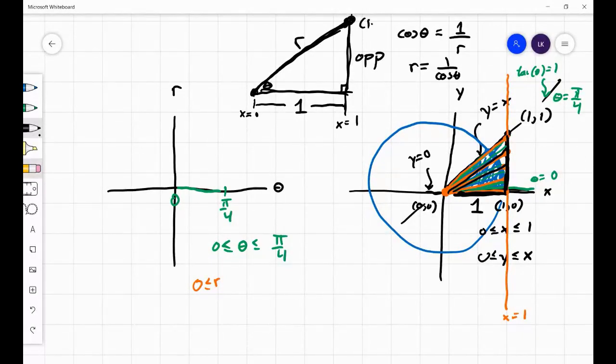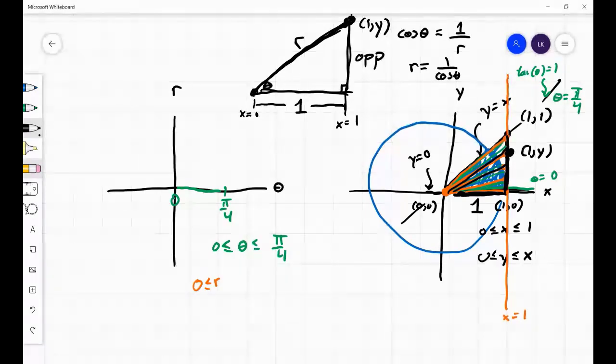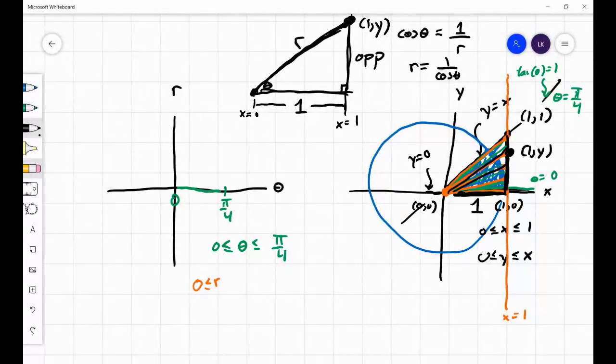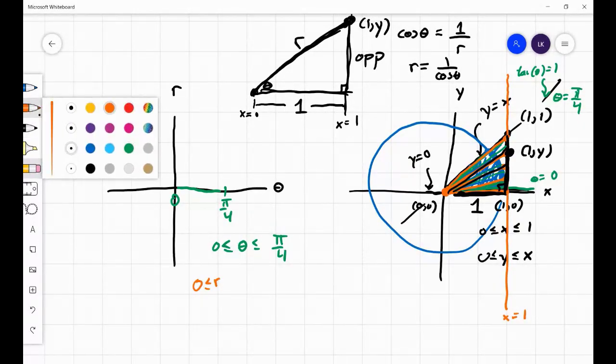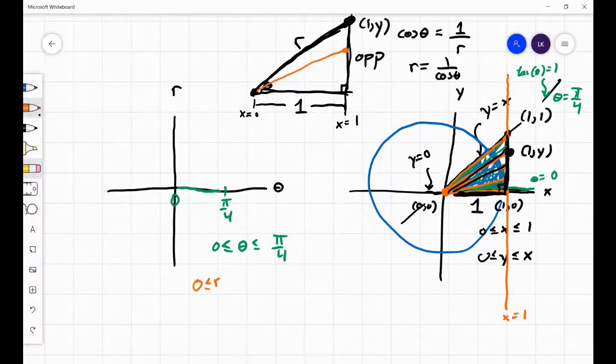It's at the point 1, y, over here somewhere. So the opposite side changes heights, if you will. It's the adjacent side which always remains 1 in this triangle. So r starts at 0, but then it increases till it hits its maximum value when we hit the line where x equals 1. And so at that point, r equals 1 over cosine theta.